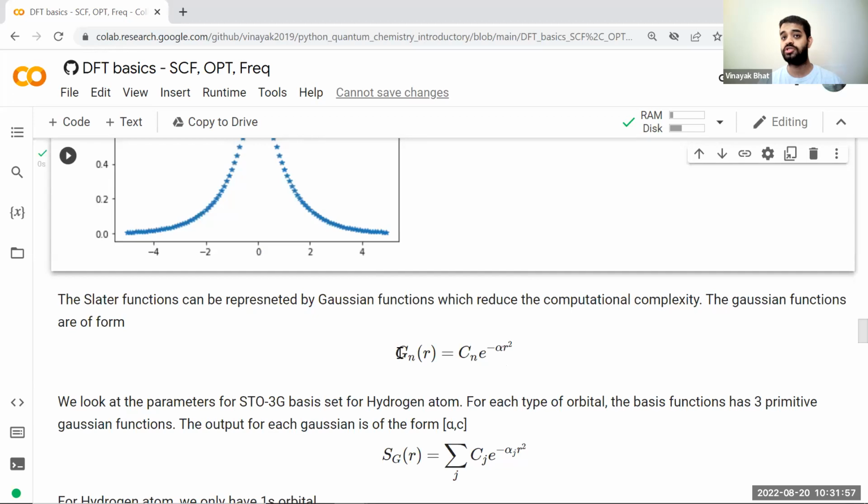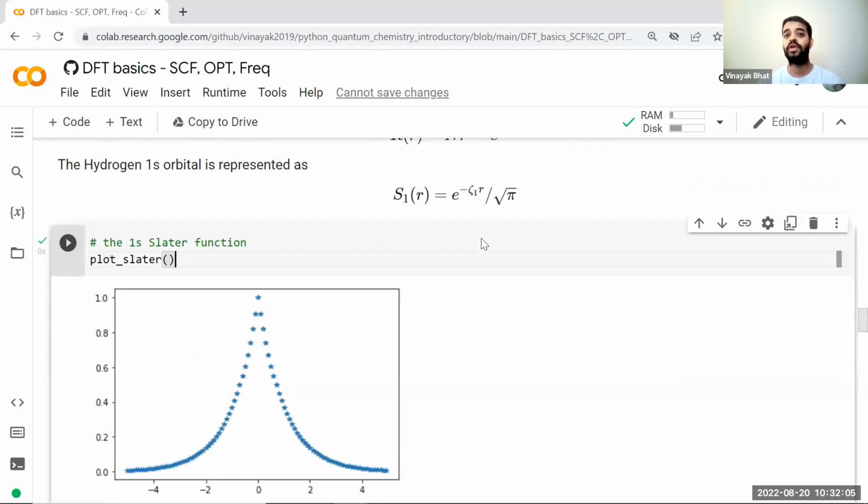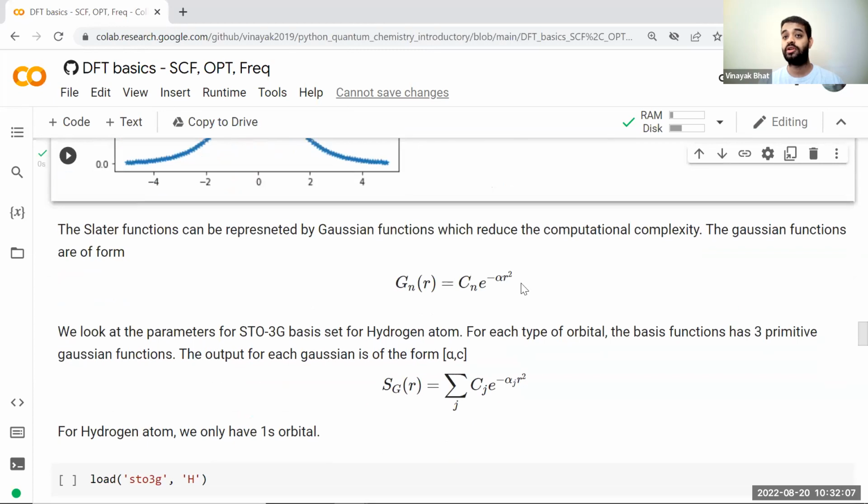A Gaussian function looks like this. You have a minus r squared dependence over here instead of just r that you saw over here. This r squared makes a little bit of math easy, and your Slater function can be represented as some of these Gaussian functions.